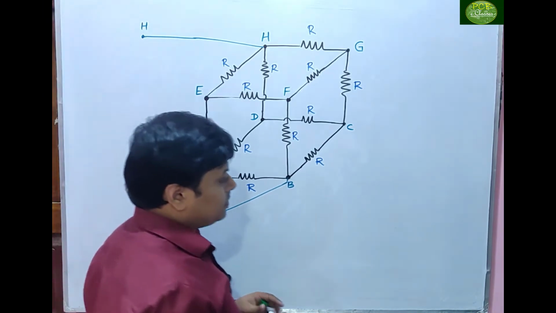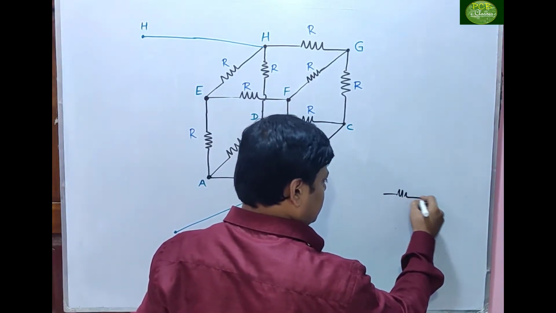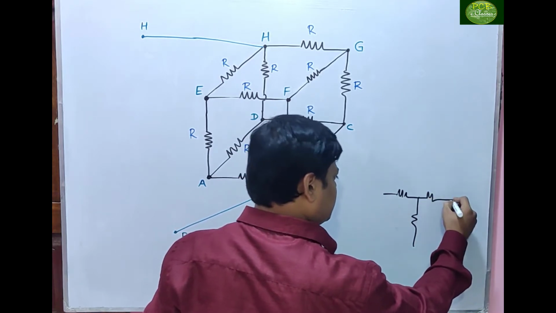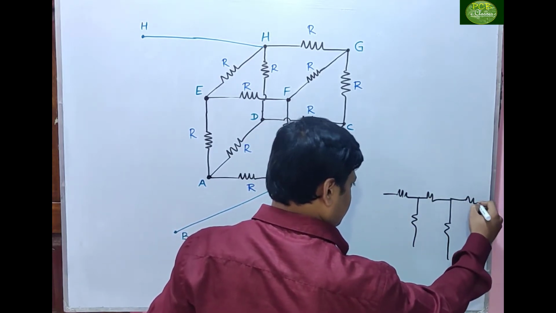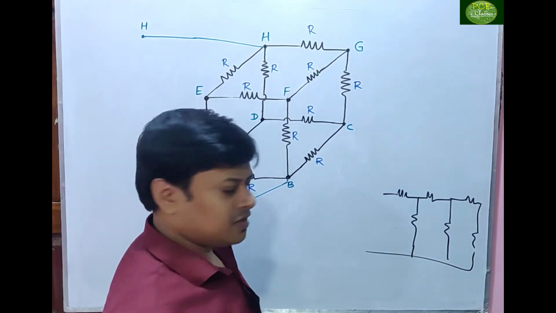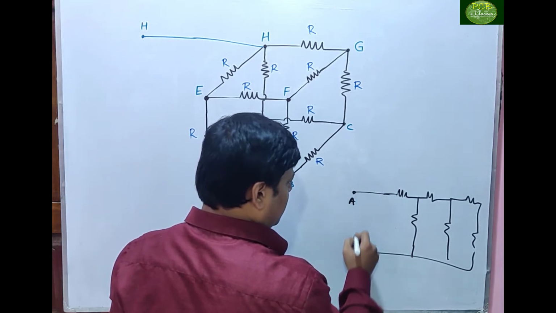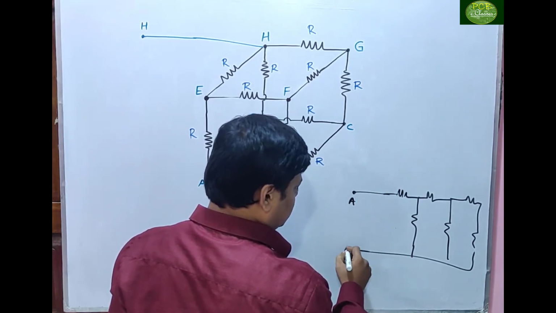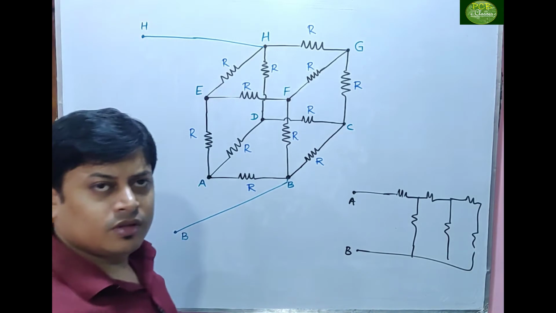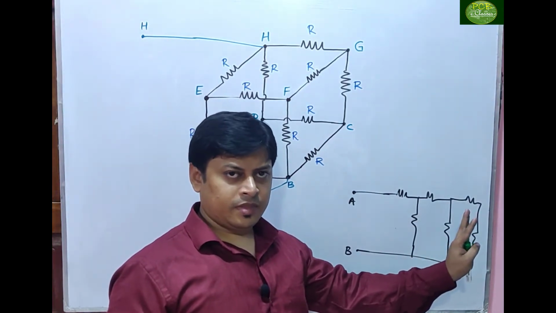First, listen here. Suppose a particular circuit is there. We don't know what the circuit may be. A very complex circuit is there, right? And it is said that you have to find out the R equivalent across AB. So what we are doing, we are observing from this side.